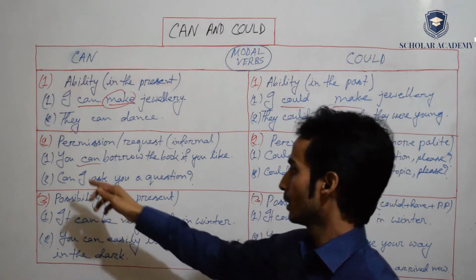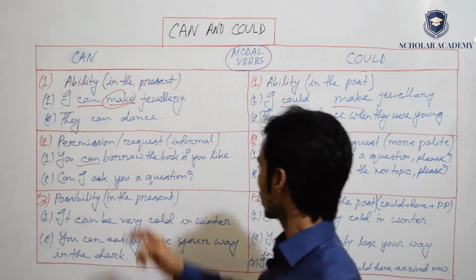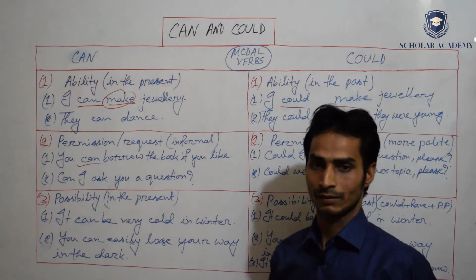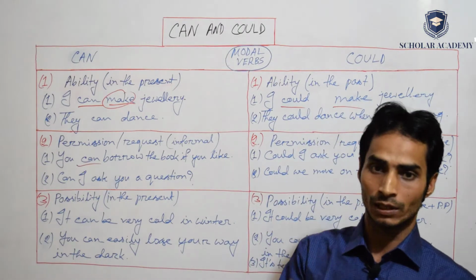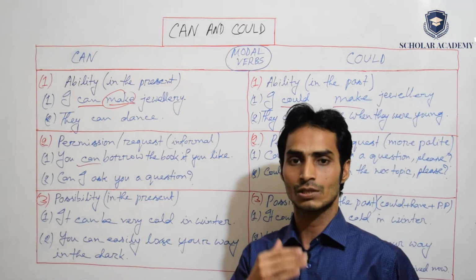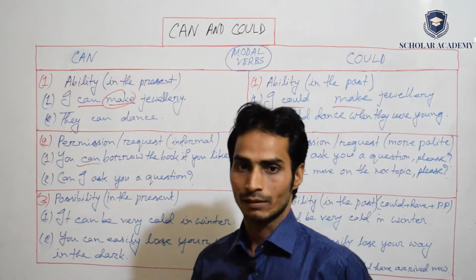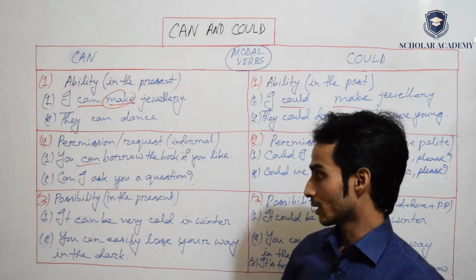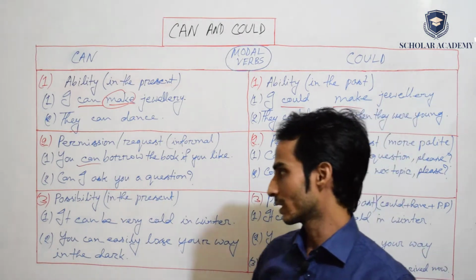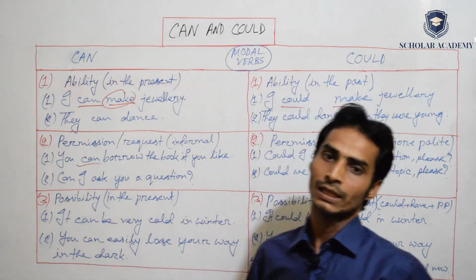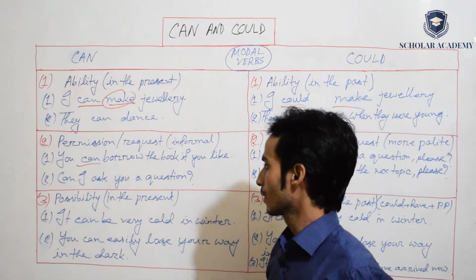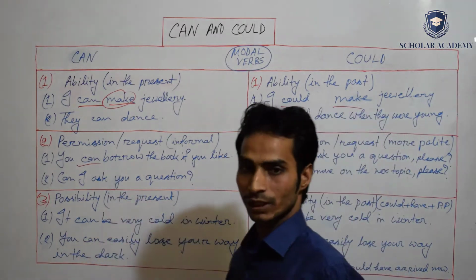So, you can borrow the book if you like. That means maybe you want to borrow a book from your friend, and your friend agrees and says that you can borrow the book if you like. Can I ask you a question?